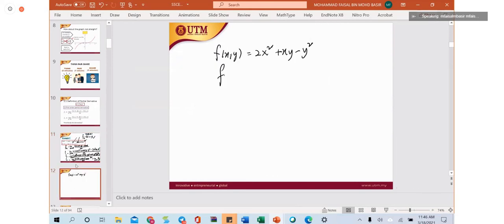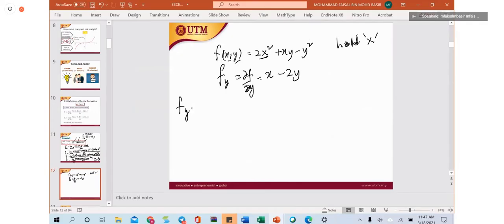If you differentiate f directly with respect to y, fy means del f del y. Use del because this is a partial derivative. It involves 2 independent variables. So when you differentiate with respect to y, which means x is a constant, whole x formula, so this will be 0. And here, when you differentiate with respect to y, you will get x. This is 2y.